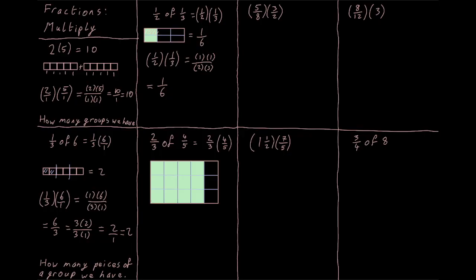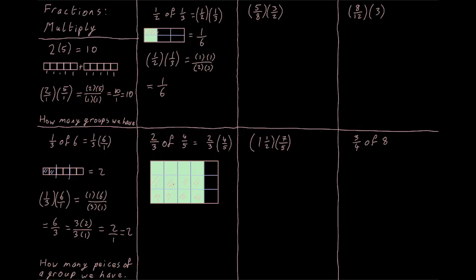So what is that going to end up being? Well, I have the thirds lines going this way, so I could take these ones. That would be 1/3. That would be 2/3 of the green section. That's the 4/5, and I want 2/3 of that. So what fraction of my total unit would that be?